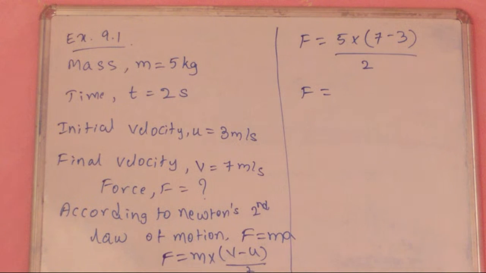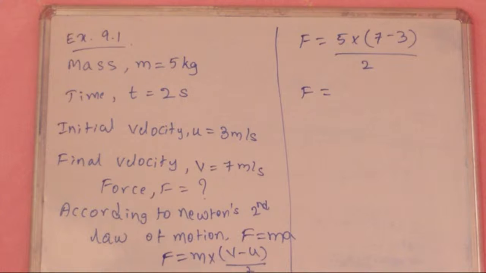So the values are in front of you. Just use the values and comment with the answer. Raju gave 10 as the answer. What is the unit? You have to write the unit also along with the magnitude, otherwise you will lose your marks.